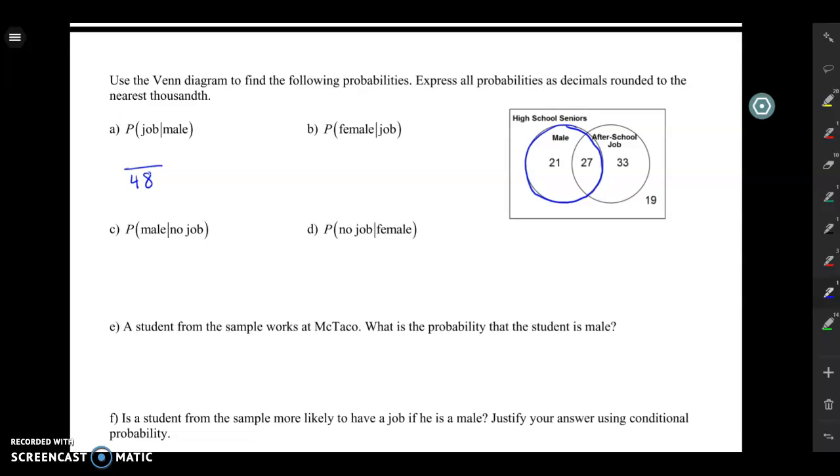And then I want to know, given those 48 males, how many of them had a job? And that's just going to be the 27 that are in the overlap between male and after-school job. So it'll be 27 on the top. So if I use my calculator to get a decimal for that, and I round it to the nearest thousandth, I'm going to get 0.563.